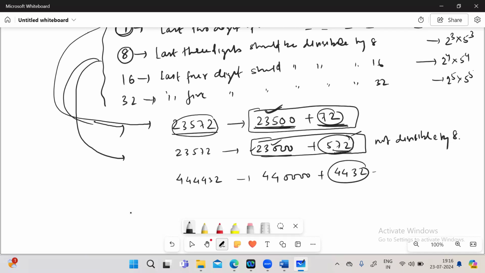Let me write it. So now I'm saying that this is divisible by 16 and this is also divisible by 16. So this number is divisible by 16. Is it clear to everyone?